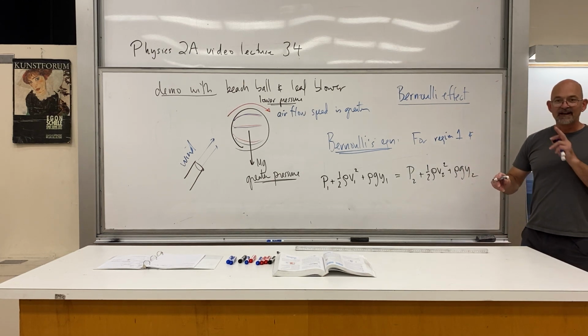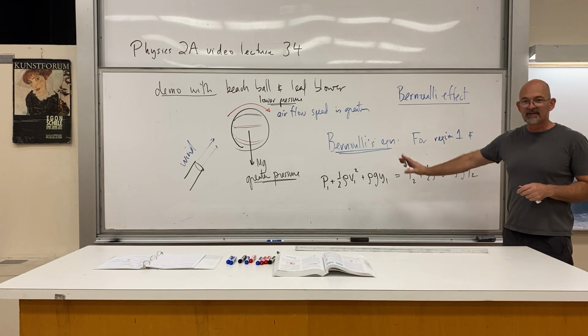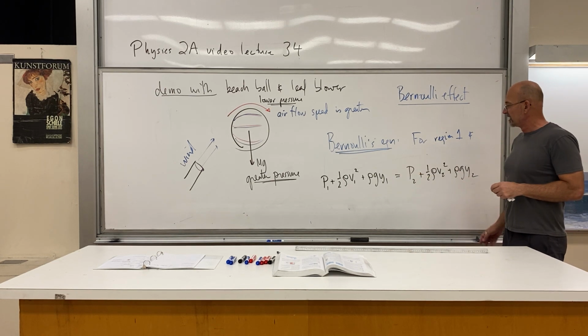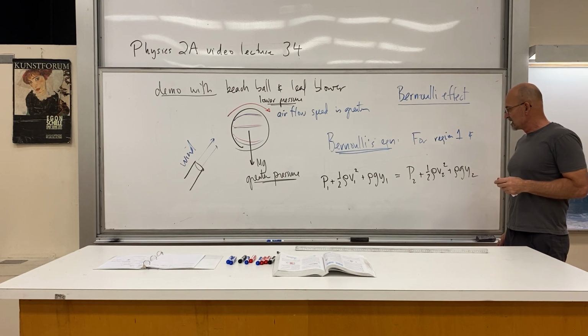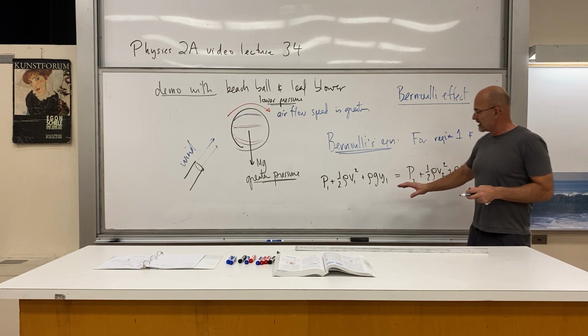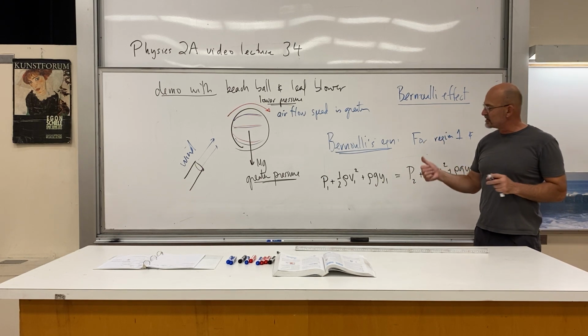This looks like an energy conservation expression, and in fact that's what it is. It's a work kinetic energy expression. So it's actually pretty easily dealt with. Actually, it's a work mechanical energy expression.